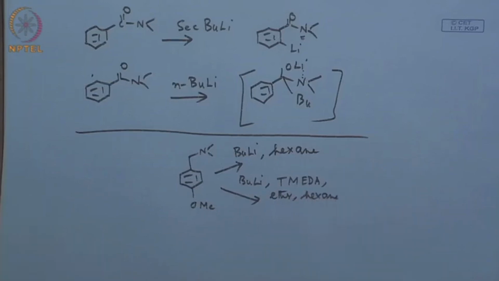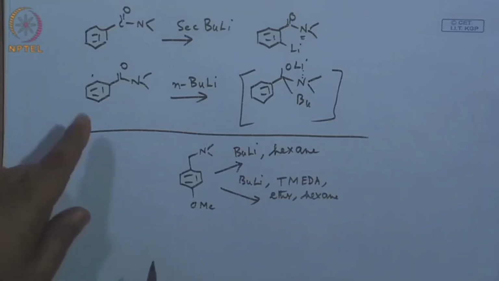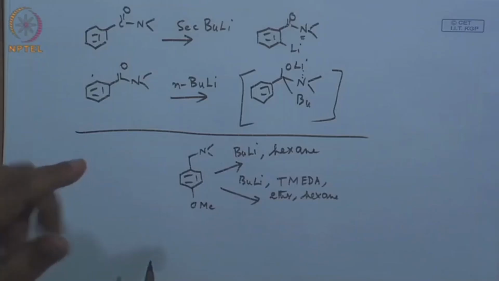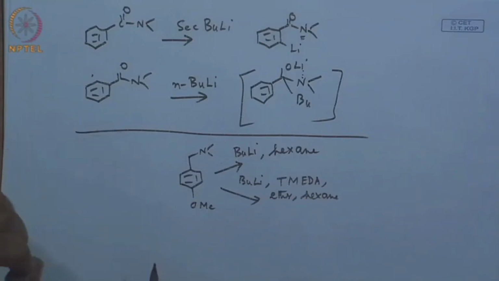So, there is a remarkable difference. What do you expect? In the earlier example you have seen that a functional group containing a heteroatom can induce ortholithiation, and if the lithiating agent is not bulky, it can straightaway react with the carbonyl group. So, it has to be tertiary butyl lithium or secondary butyl lithium. In most cases ortholithiations are done with secondary and tertiary.